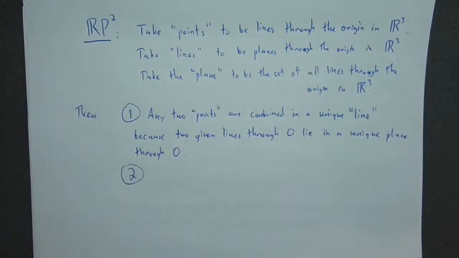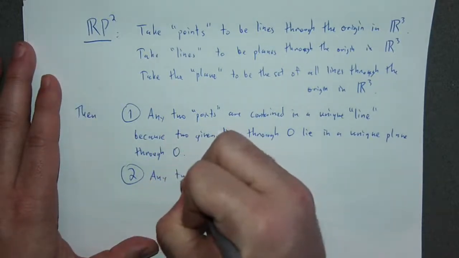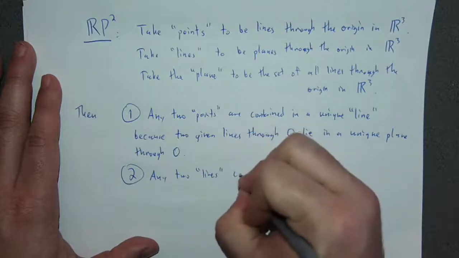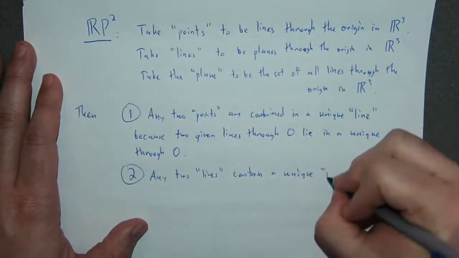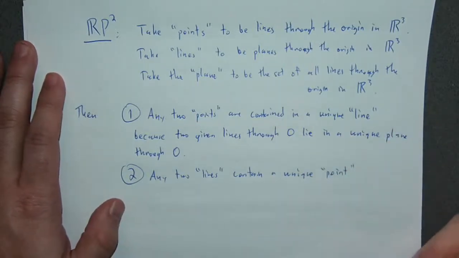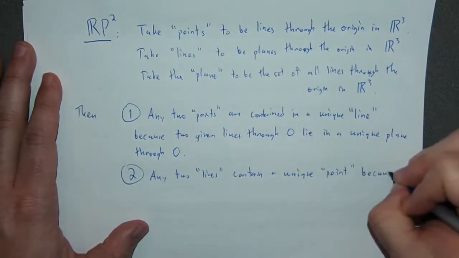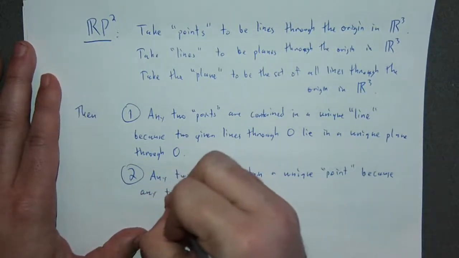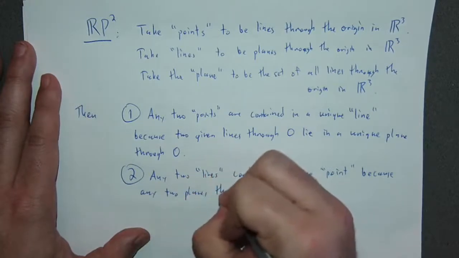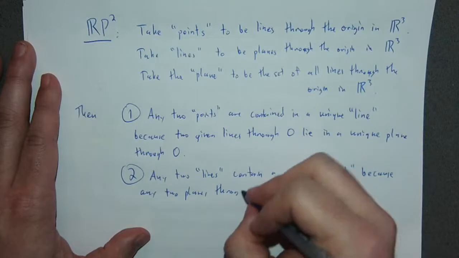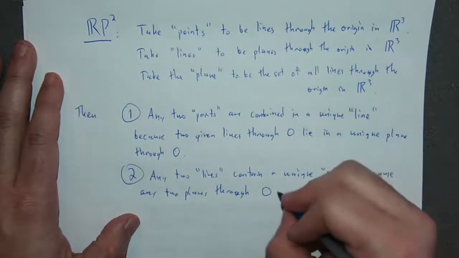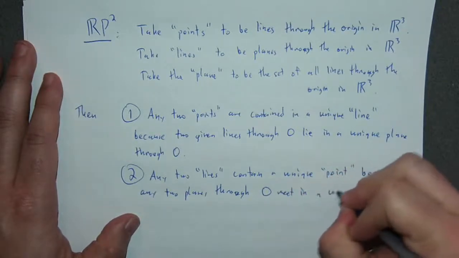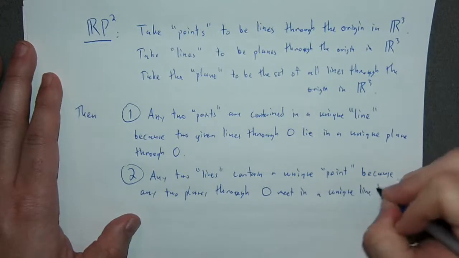Our second axiom, that is, do any two lines contain a unique point? Well, any two lines contain a unique point because any two planes through O meet in a unique line through the origin, which is a point.